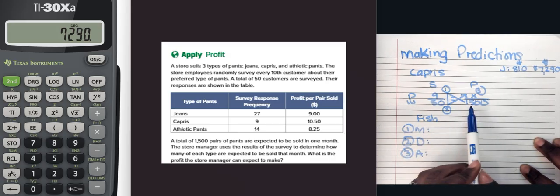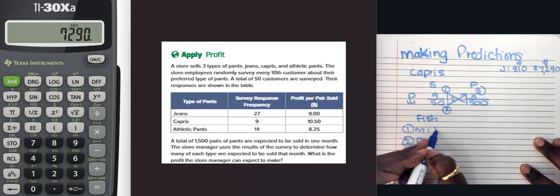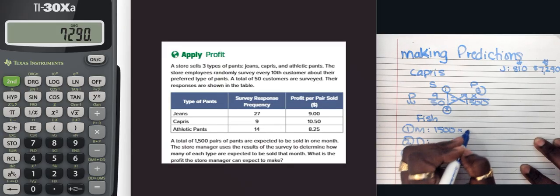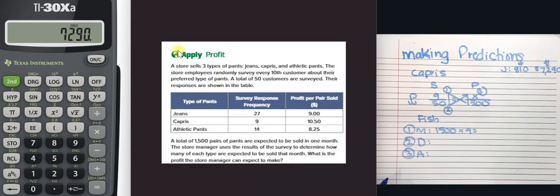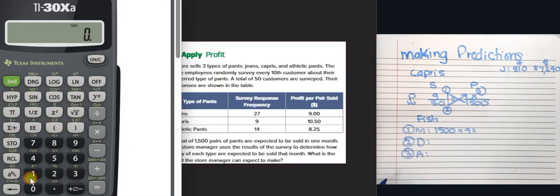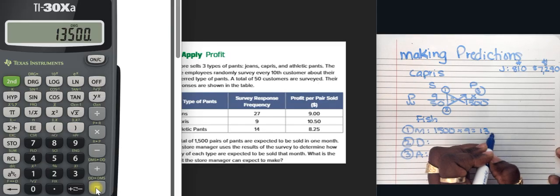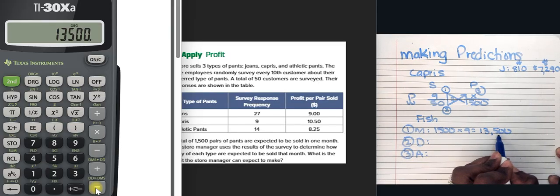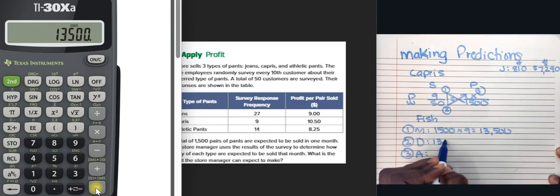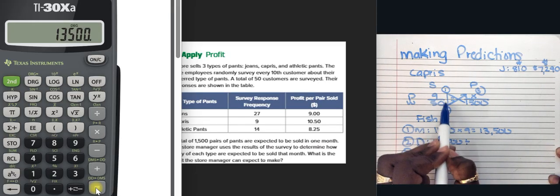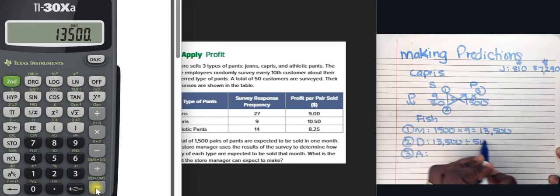All right, so we're going to multiply 1,500 times 9. So 1,500 times 9 gives me 13,500. So I'm going to take that number and place it here. So 13,500, and now step 2, divide it by 50.